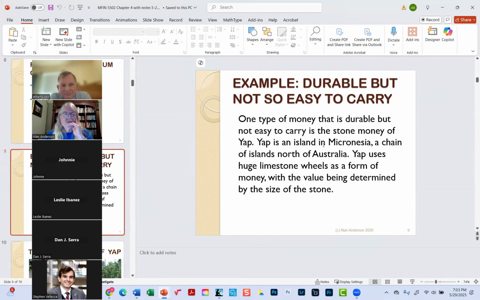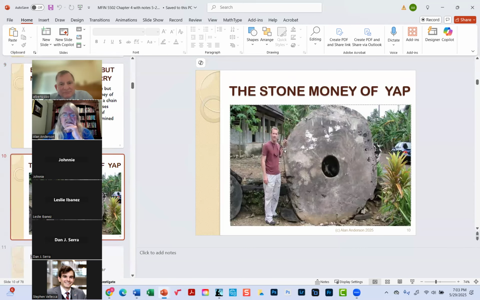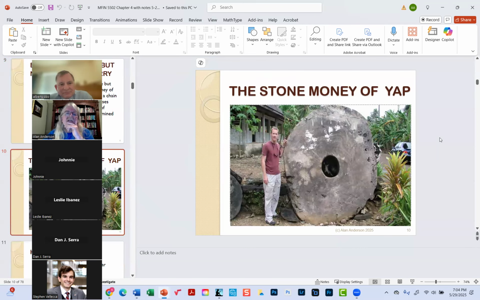Now, here's an example of a form of money that's not easy to carry. In the South Pacific, there's a country called Yap. And this is the form of money that they use on Yap. These enormous stone wheels circulate as a form of money on Yap. Now, what's interesting about this is that nobody actually moves the stones around.